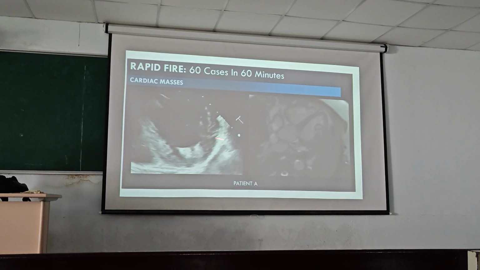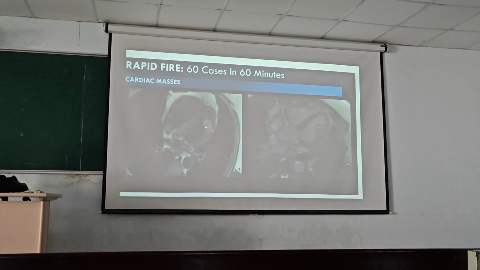Okay, this is another benign tumor. So I don't do echocardiogram. I think there's something echogenic here, right? And then right here. So this looks like fat. On cardiac MRI, it has the same signal intensity as pericardial fat right here.